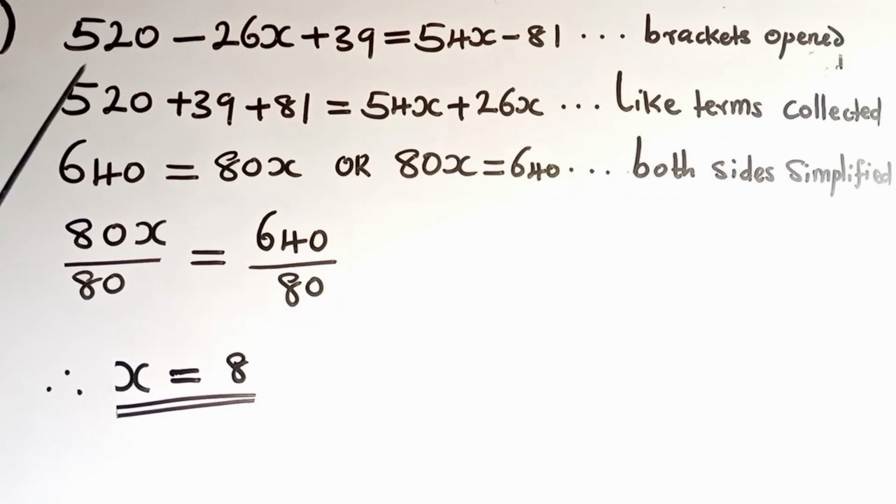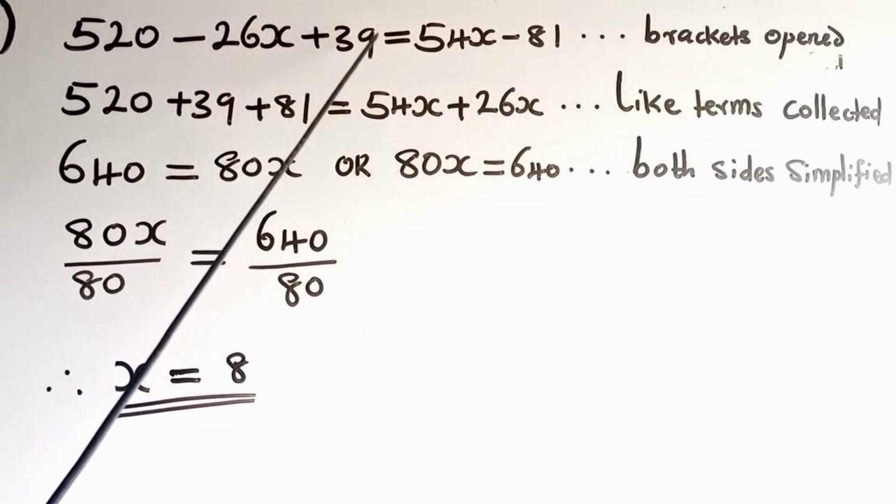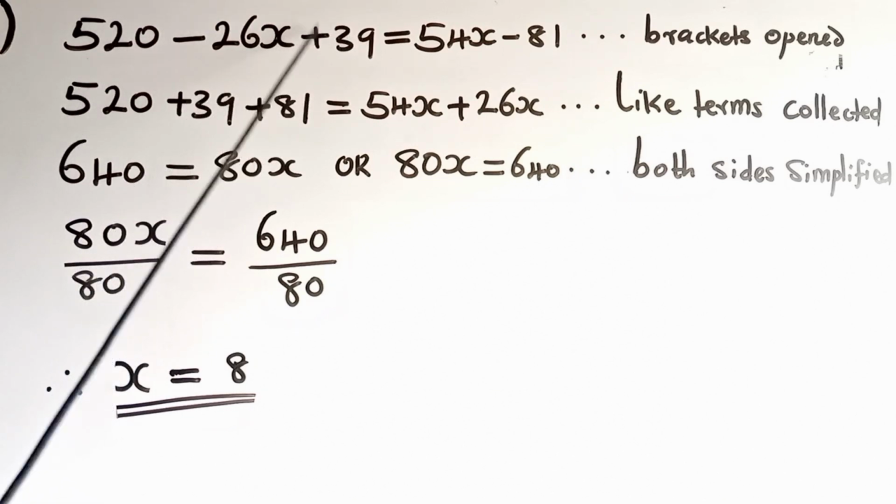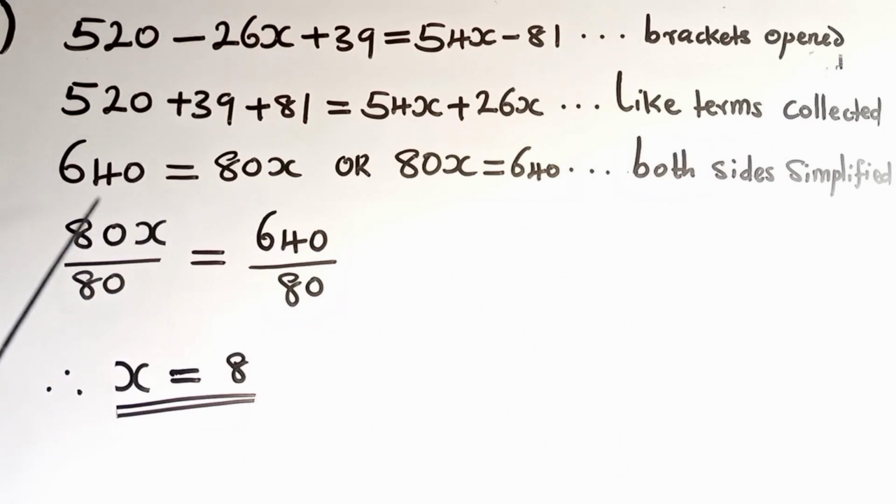We choose to make the constants stay on the left-hand side, which means that 520 and 39 are already on the left-hand side. See me collecting them here. 39 is plus here. It is still plus here. Why? It did not cross the sign of equality.